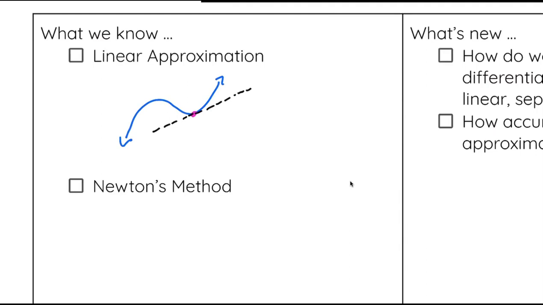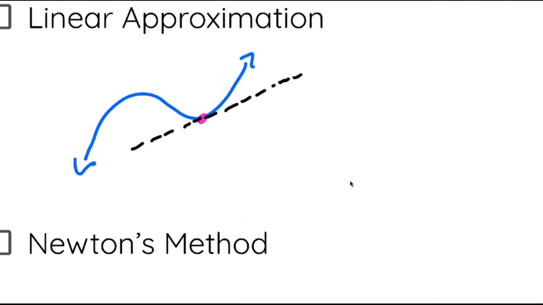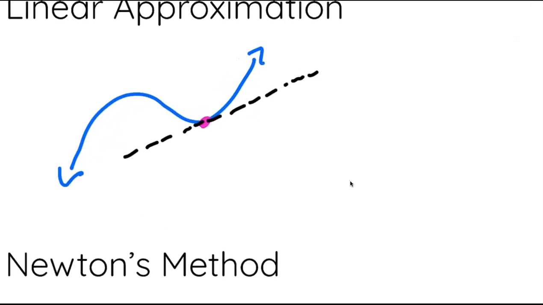Whereas something like the blue curve, that could be cubic, it could be a fifth degree, it could be some other odd function, or it could be a combination of some other functions, right? And so the computations get a lot more complicated when we have a curve versus a line. And so what linear approximation is, is that we can estimate values using a straight line.